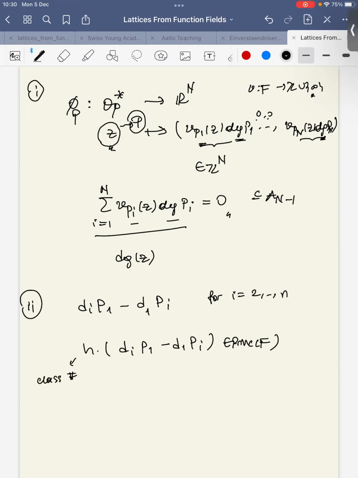If they are principal divisors, that means there exist functions z such that the principal divisor of z is exactly h times this divisor.